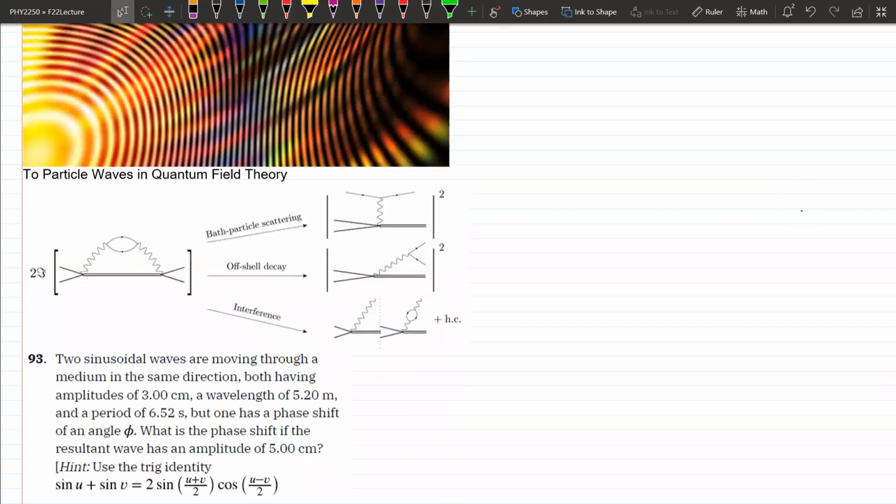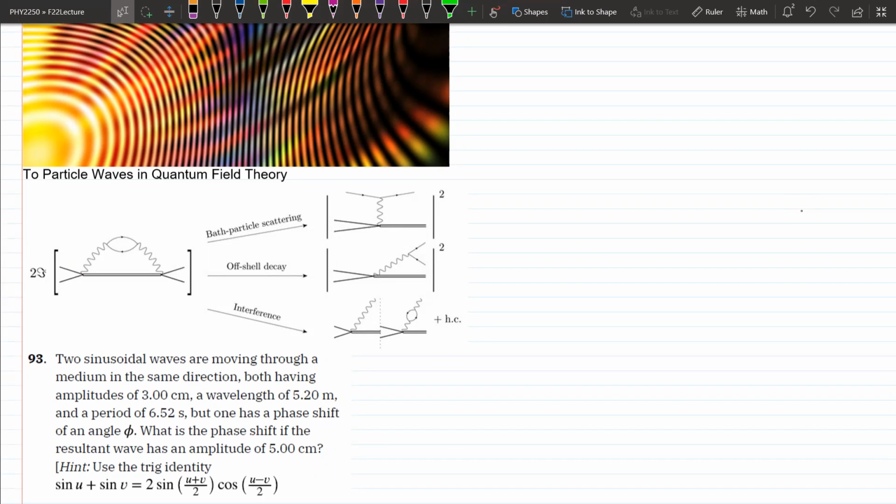Pushing this further, don't worry about this. You can stop listening if you don't want to. This is not going to be on the test or homework or anything like that. Not only does this happen to mechanical waves, sound waves, light waves, electromagnetic waves. If you take higher and higher physics, in quantum mechanics, actually all particles are waves. So an electron is a wave, a proton is a wave. So the stuff we're made of is actually all waves also.